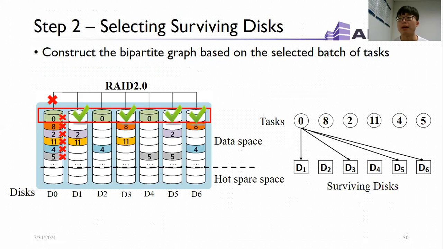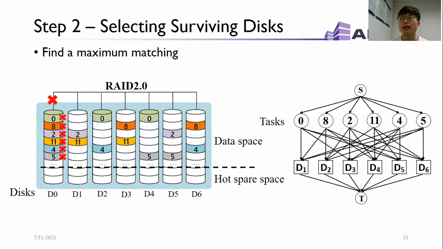We construct a bipartite graph where the vertices represent the tasks in a batch and surviving disks. Due to the restrictions on reliability, chunks from the same group should be stored in different disks. For each task in the current batch, if the reconstructed chunk can be written to the disk, then we add a directed edge from the task to the disk.